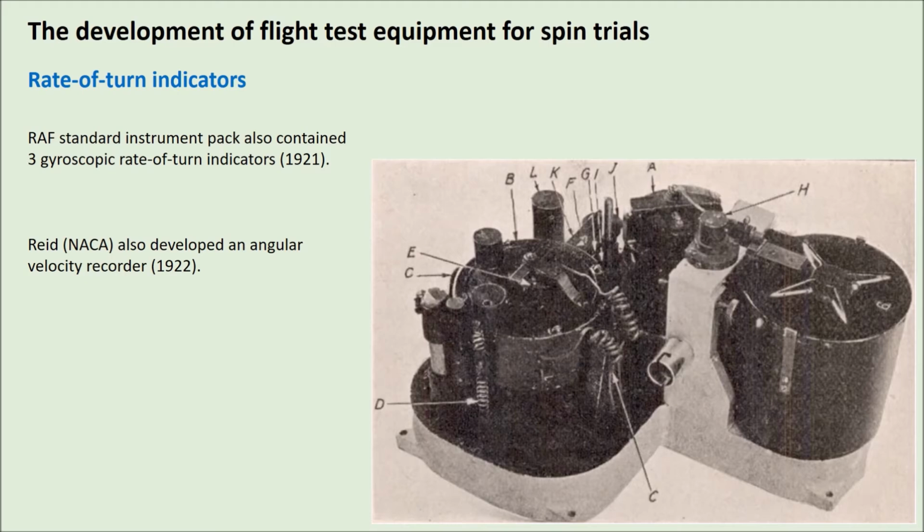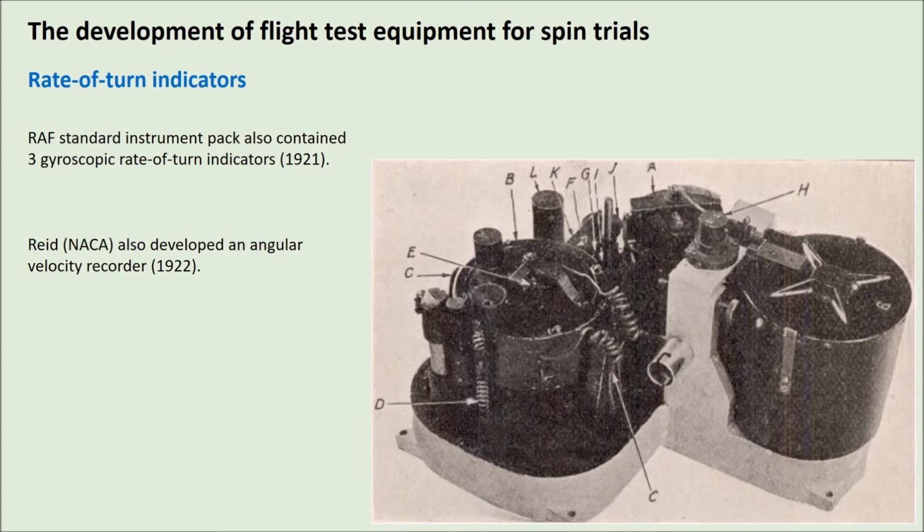From this, the angular velocity of the aircraft could be calculated based on a simple proportional relationship of the spring deflections. The rate of turn of the aircraft could be synchronized with other standard equipment from the aircraft, and therefore we're building up quite a nice profile of what the aircraft is doing during a spin.